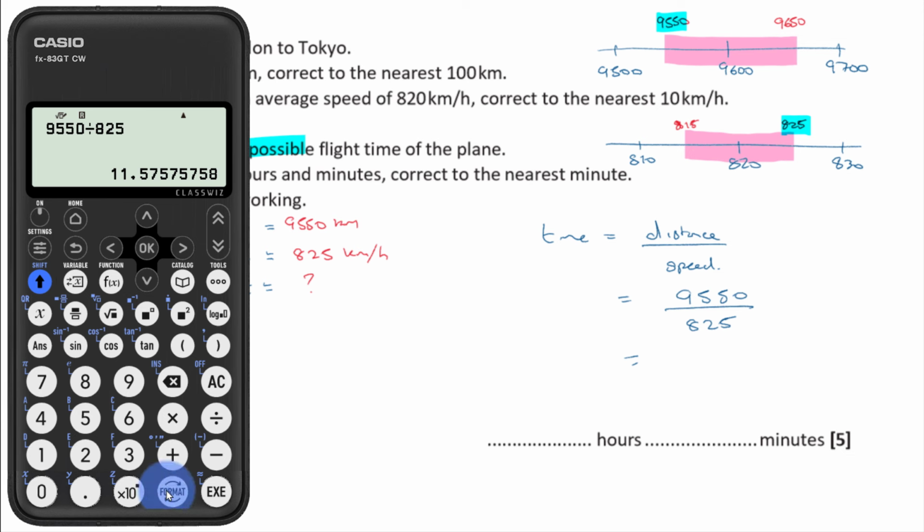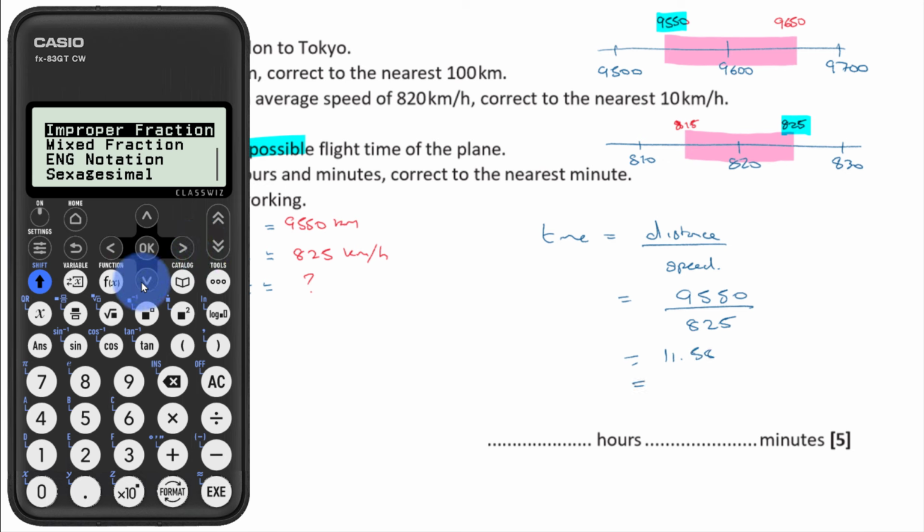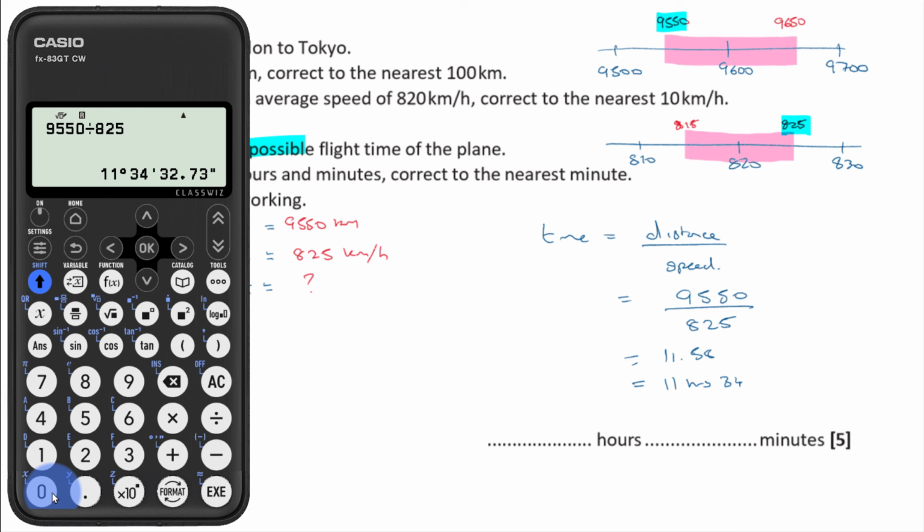Let's just write it down as a decimal first. That's roughly 11.58, which in hours, minutes and seconds, pressing the time key, is coming out to be 11 hours, 34 minutes, and 32 seconds.